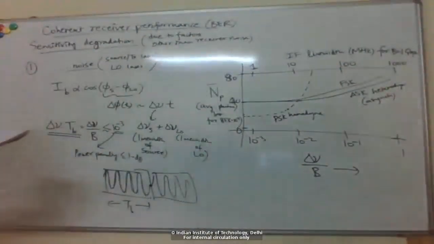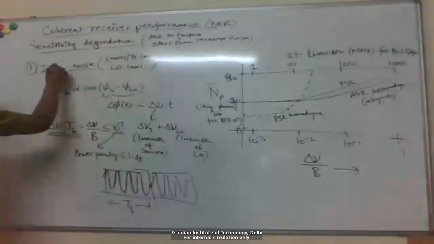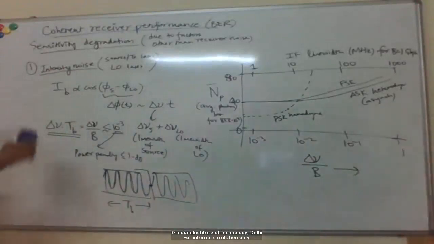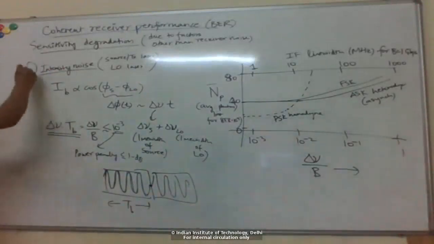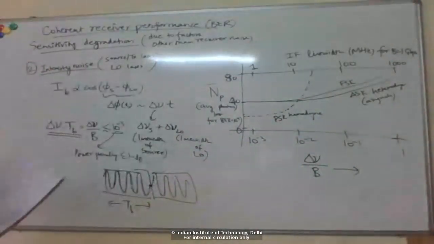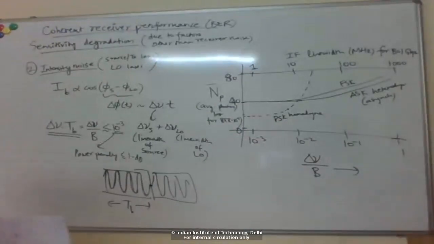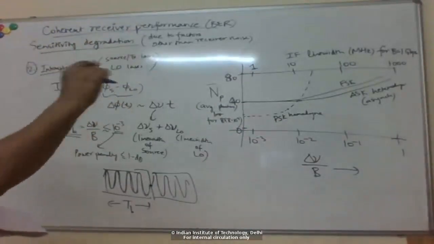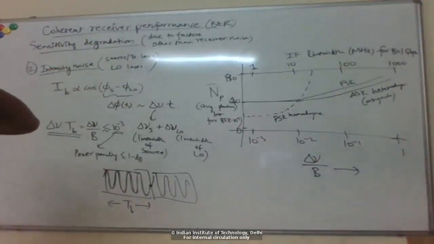We also have intensity noise, or specifically relative intensity noise in the laser, right? So again, because we are beating these two, the incoming signal with the local oscillator, and we saw that the photocurrent that we get scales as the square root of the product of the signal and the local oscillator powers, right?